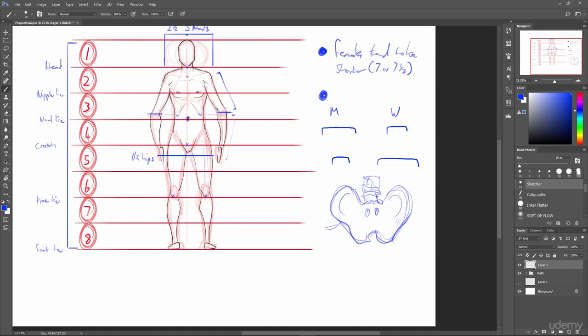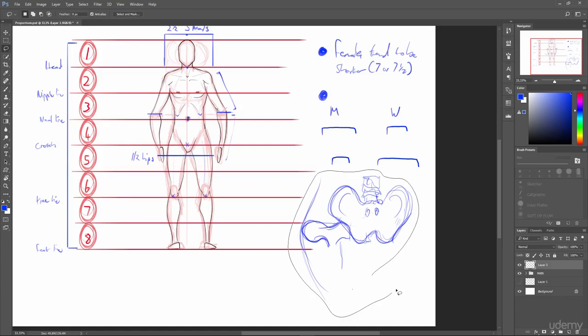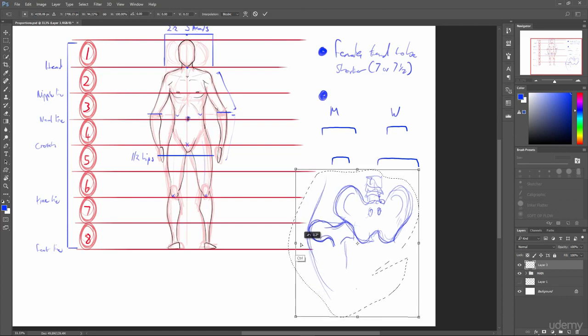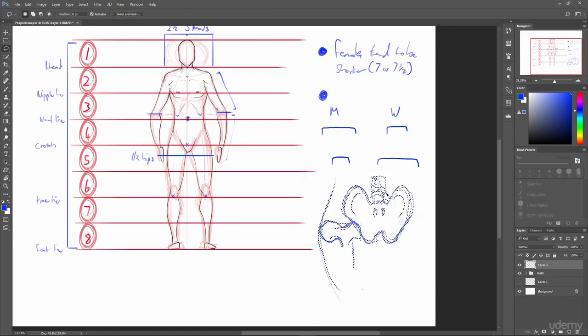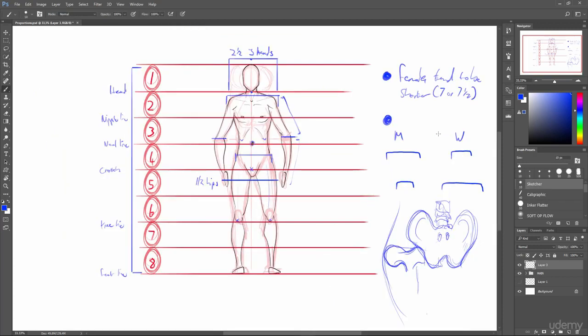And because the woman's hips are broader, the greater trochanter pokes out a bit further. So it looks something like that, how the bone is. And so it sticks out further, and then the skin wraps around and goes down to the leg. Whereas with men, the pelvis itself is quite a bit narrower. And so the greater trochanter doesn't stick out as far, and so male hips are narrower. And that is the end of idealistic body proportions for the human body.